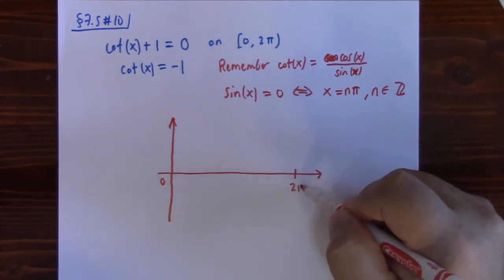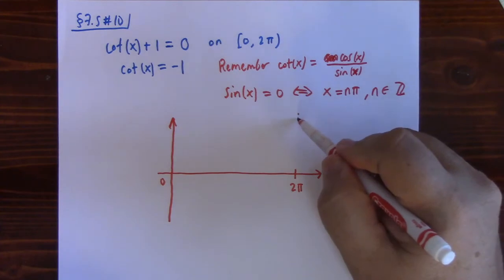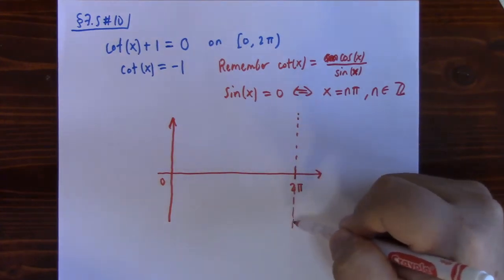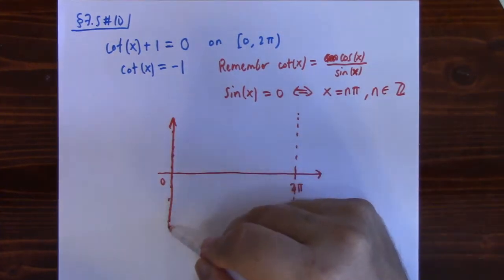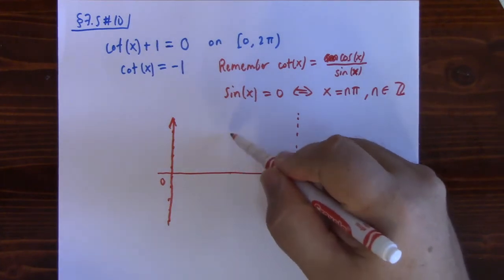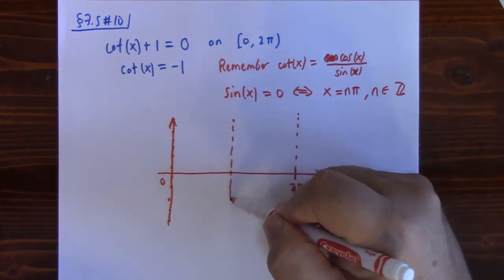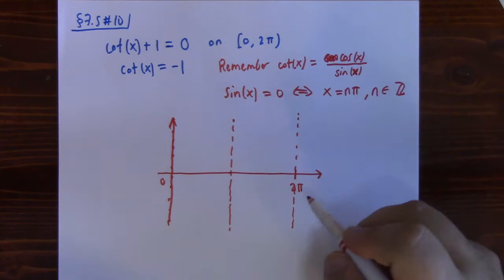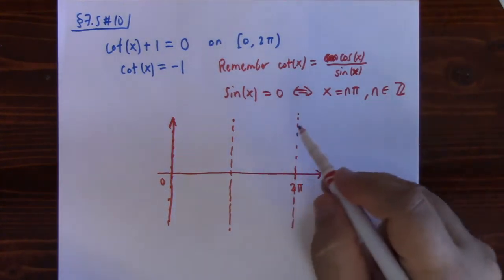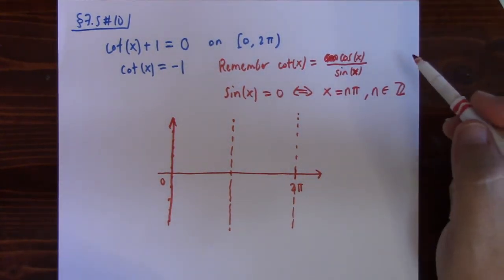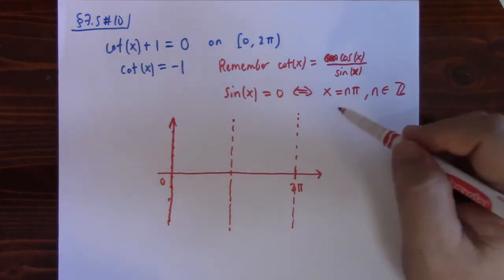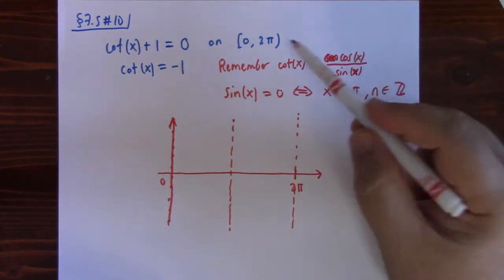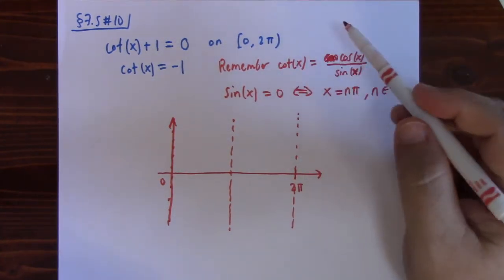So 0 is a vertical asymptote, and pi, right in the middle, is also a vertical asymptote. So you got these three places. Now, of course, 2 pi is not included, but I'm just drawing it and putting it there for the sake of context.